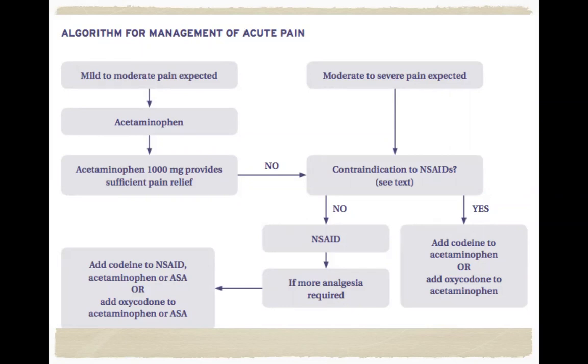And if the pain is still very severe, then you can contemplate, instead of 15 to 30 milligrams of codeine, adding 30 to 60 milligrams of codeine to the acetaminophen, or you could also do 5 to 10 milligrams of oxycodone every 4 to 6 hours PRN pain. So I'm sure we all knew that, but it's just a nice refresher here.